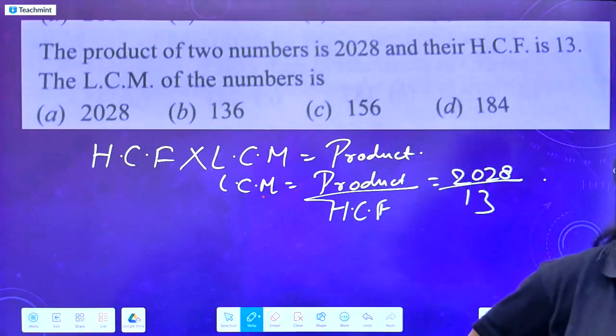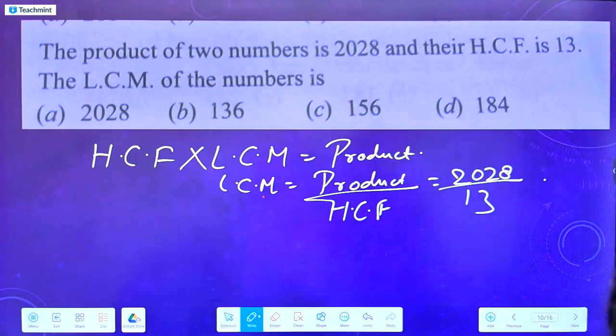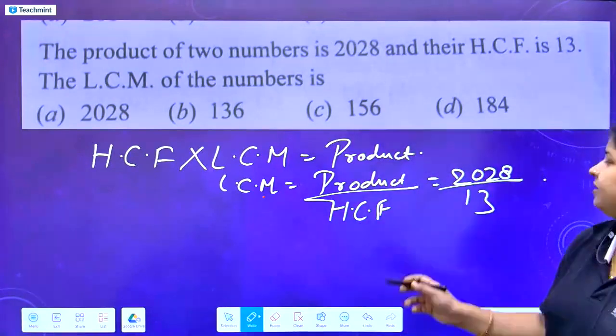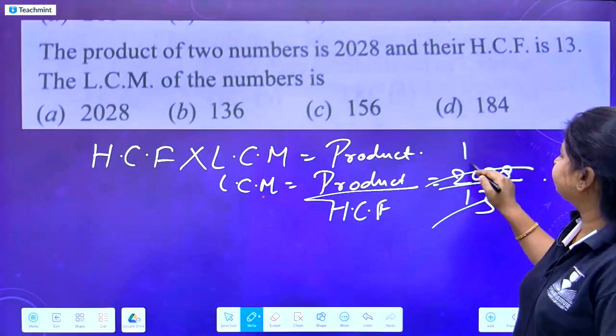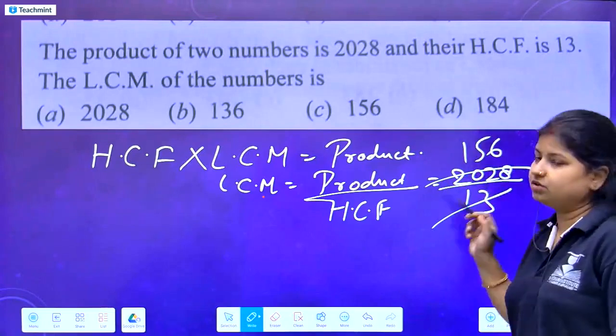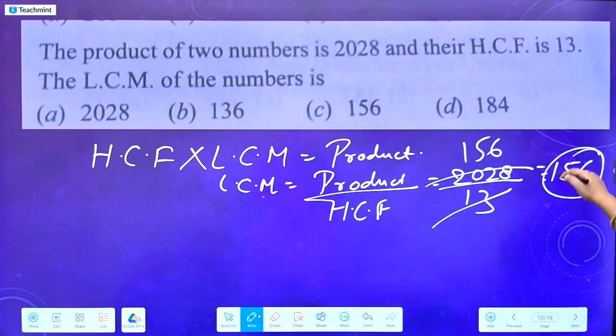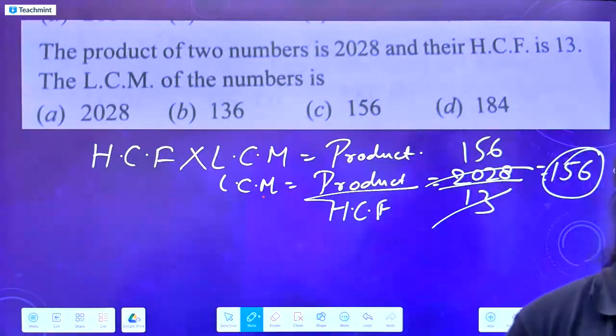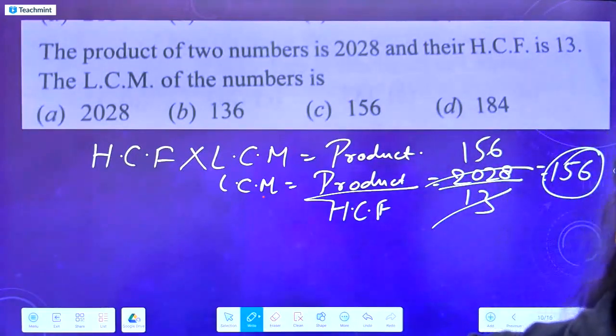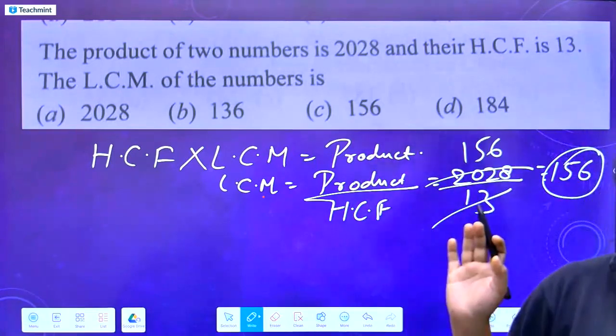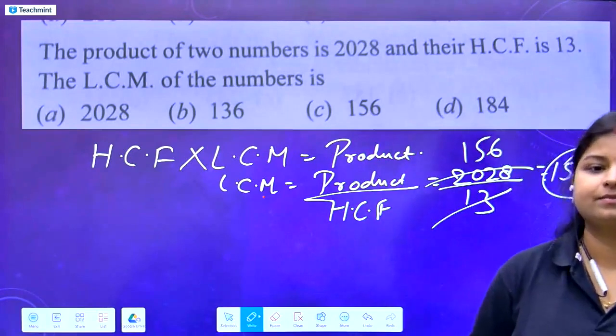Yes, very good. This time I got the correct answer. Tejas and Shashwini gave me the correct answer, beta. 13 divided into 2028 is 156. Yes, Ajish, now you give me the correct answer. Correct. Got it, everyone?